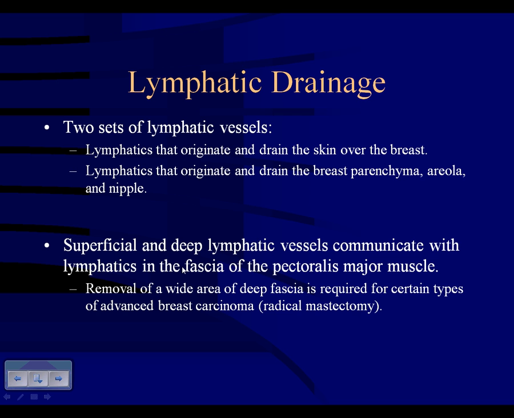Lymphatic drainage. Now the breasts have lots of lymphatics, and it's important for treatment of breast cancer, knowing where the tumor may proceed through the lymphatics and where it will drain to. Most of the lymph nodes of the breast are in the axilla, and that's where we find most of the lymph nodes that become involved with breast cancer, regional lymph nodes.